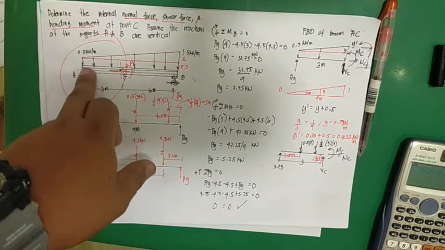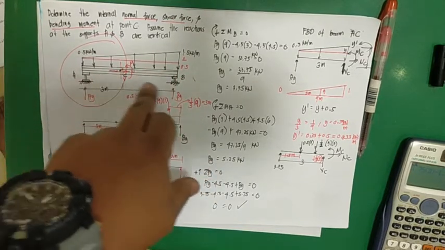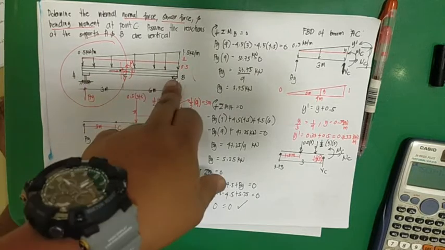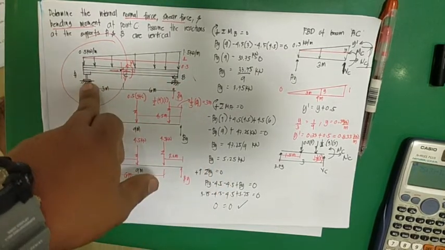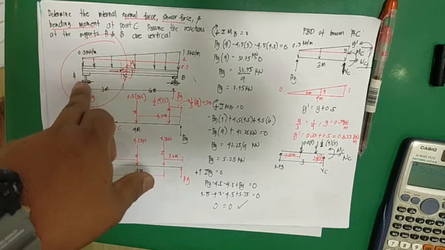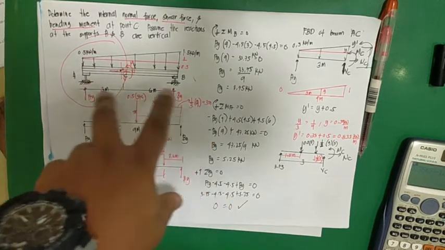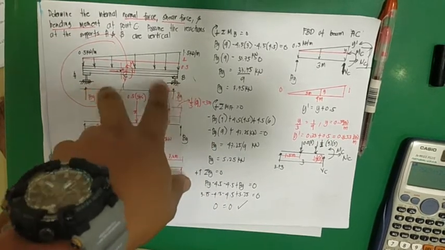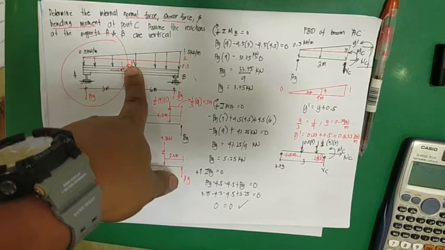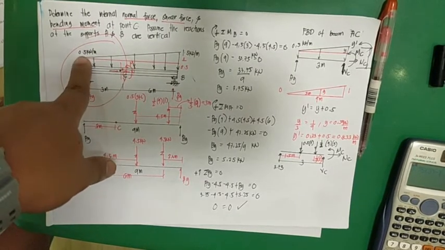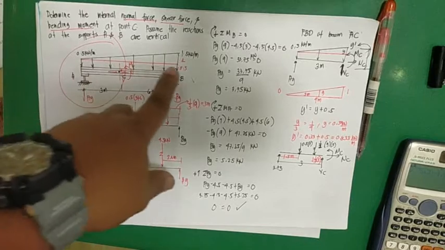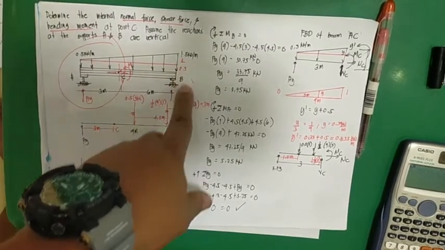It can be a beam or girder supported by another beam, or a slab supported by two I-beams. And of course, the assumptions are for A and B, these are vertical reactions only. Then you have also trapezoidal loading, which has 0.5 kilonewtons per meter at the left and 1.5 kilonewtons per meter at the right.